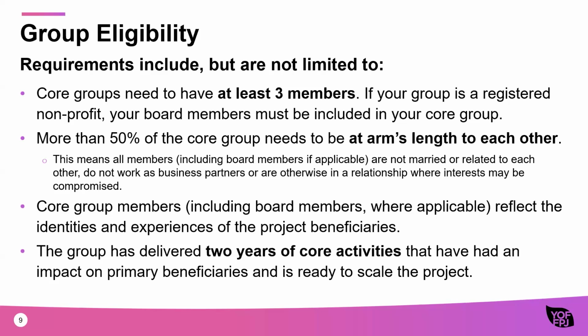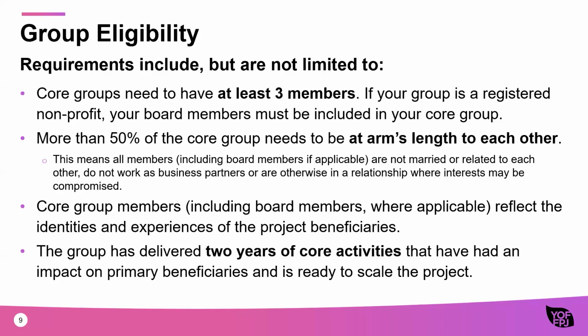A core group has a minimum of 3 people who are responsible for the governance, decision-making, and execution of a project. Each core group member has a specific role related to the delivery of the project. We will want to know who your core group members are, as well as what skills, lived experiences, expertise, and knowledge they bring to your project.